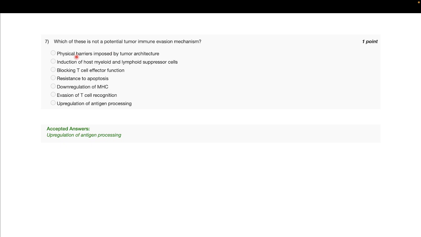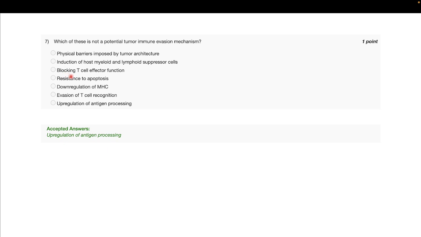So these could be physical barriers imposed by tumor architecture. The tumor which then grows has a very tight architecture. It will not let your immune systems come nearby it. And then you have induction of host myeloid and lymphoid suppressor cells. So it will actually suppress the immune cells, which is one of the mechanisms.